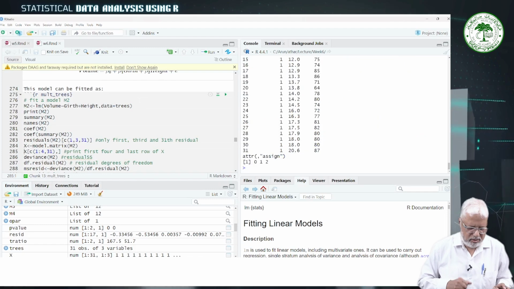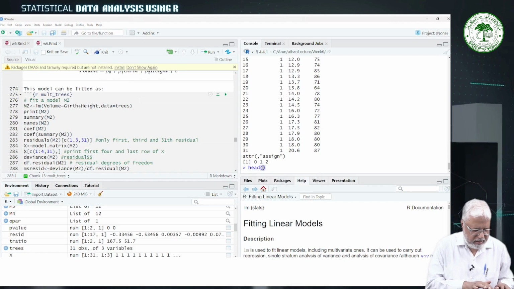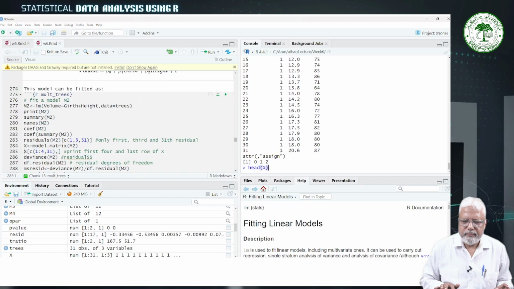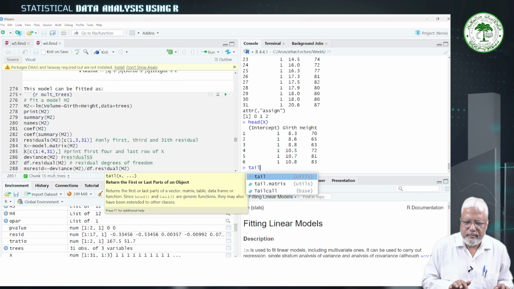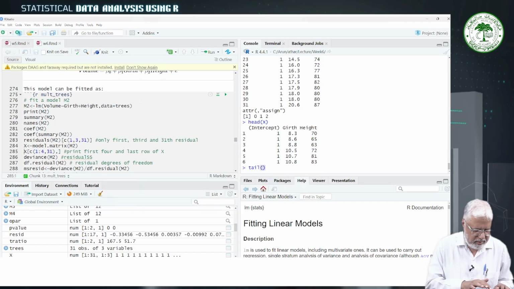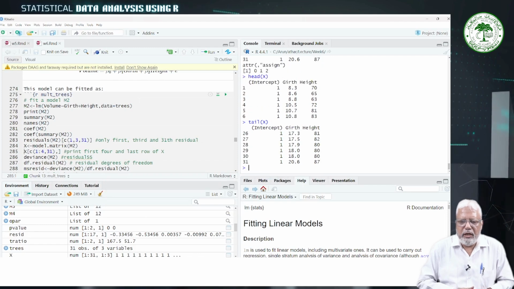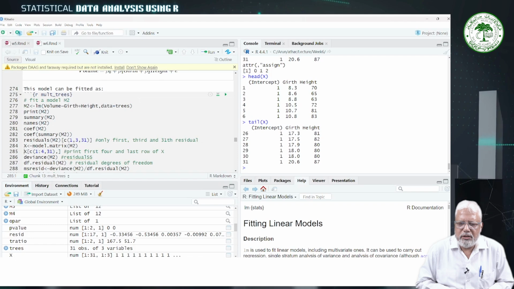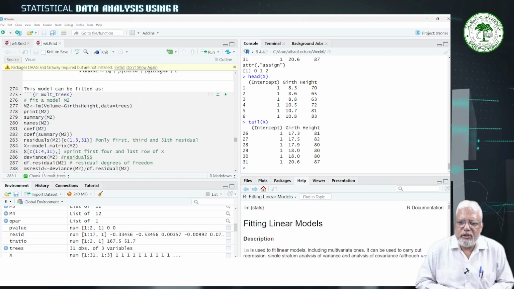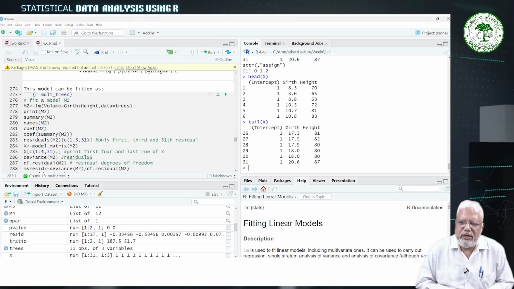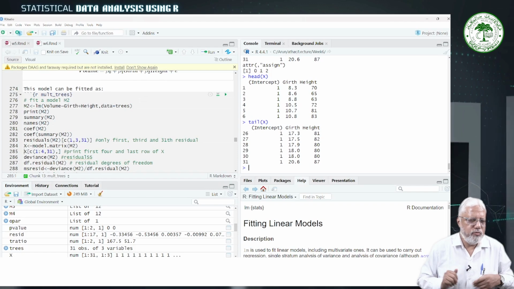The whole matrix is head capital X, tail capital X. So, this is a matrix of order 31 by 3. The first column corresponds to beta naught, second column corresponds to beta 1, that is girth, and the third column corresponds to the height, and that is beta 2.